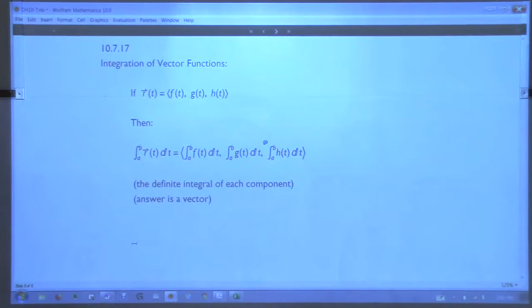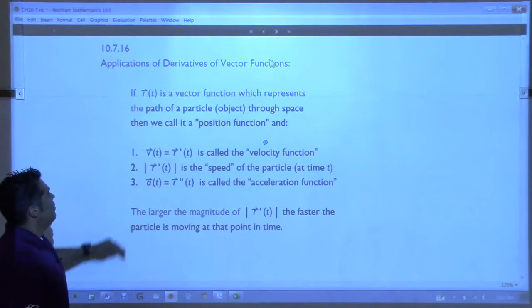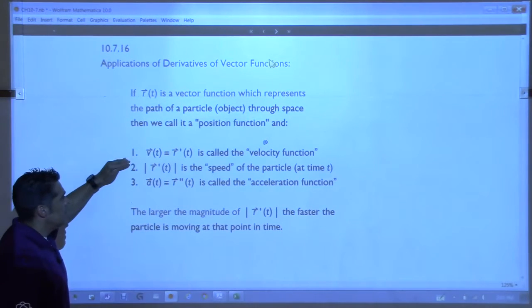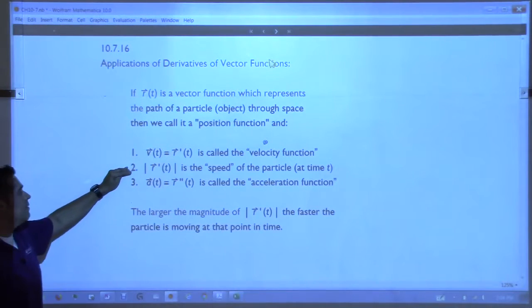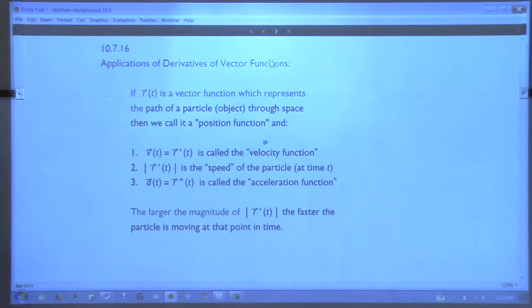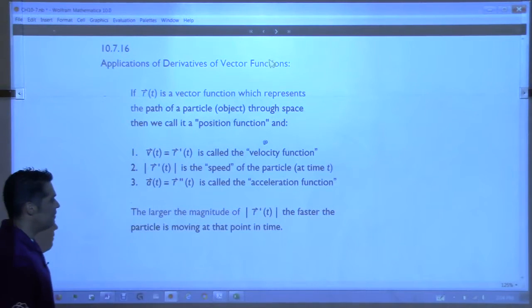And we talked a little bit at the end about how if we start with the position function, the derivative is the velocity function, the magnitude of the derivative is the speed of the particle at a point in time, and the second derivative would give you the acceleration function.